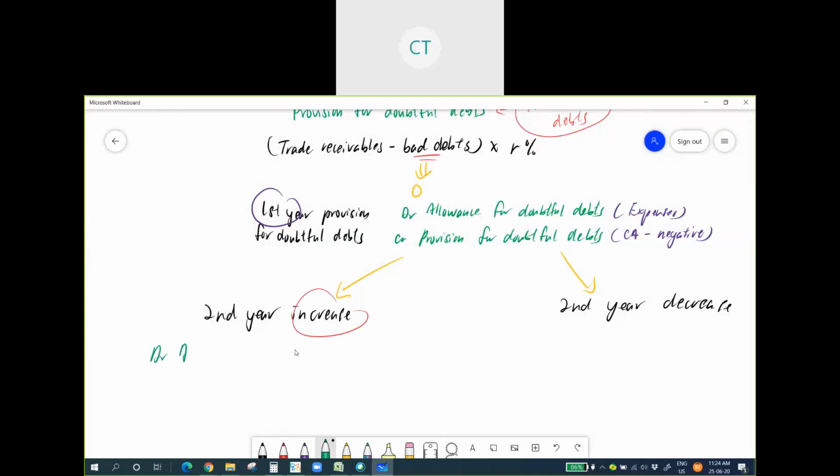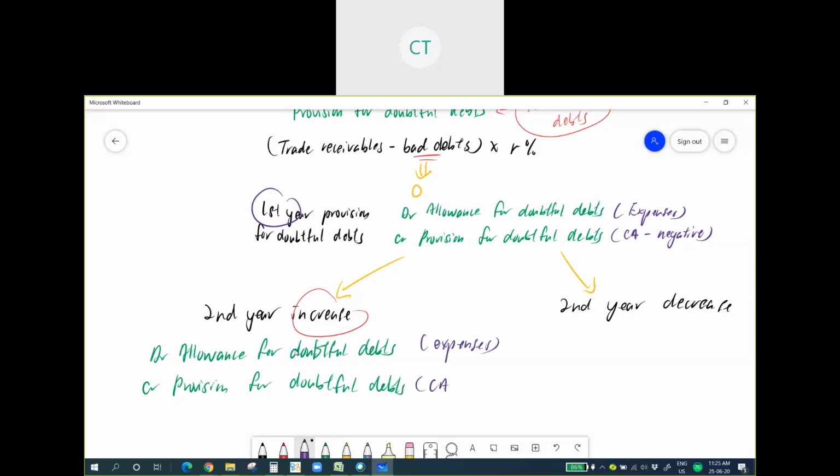We debit allowance for doubtful debts and we credit provision for doubtful debts. Here, similarly, the first one is the expense of a company. The second one is current asset but negative. This is the double entry when the second year provision for doubtful debts increases.